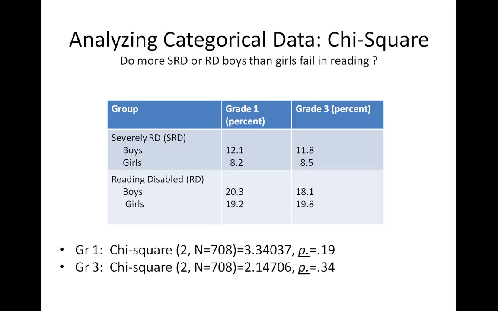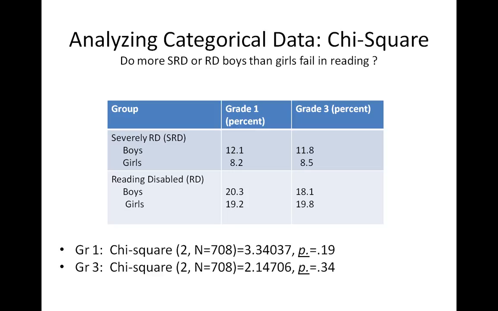When you look at the reading disabled, which is the 11th to the 30th percentile, you can see there's a much more even percentage of boys and girls at both grade levels who scored in that range. And again, the chi-square showed that there was not a significant difference. This is an example, I think, of where inferential statistics will help you to not overgeneralize what looks like a difference.